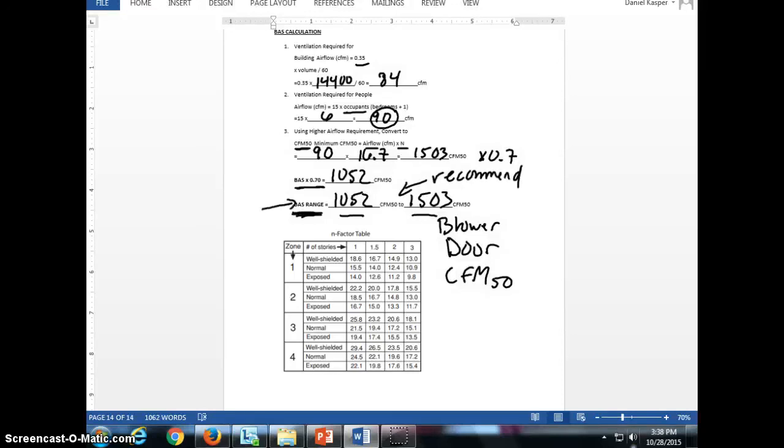If we're down below 1052, that means we require it. This is really important. It's required for safety purposes. And if we're anywhere above here, no recommendation. Okay, so there's an example. This is the sheet that you'll have in your audit form.